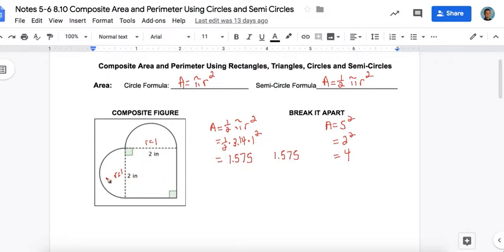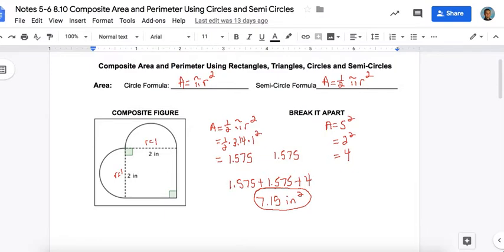I had a square, a semicircle, and another semicircle. So we're going to do 1.575 plus 1.575 plus 4. And when I add that up, I get 7.15 inches squared. I could round that to the nearest tenth and get 7.2, but for now I'm just going to leave it like this because it didn't say to round.